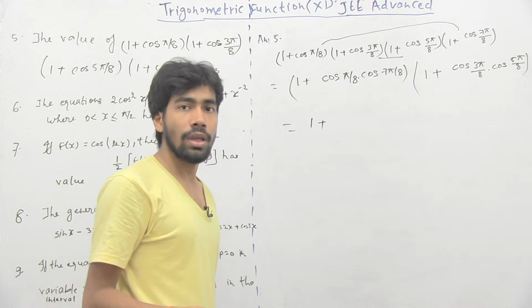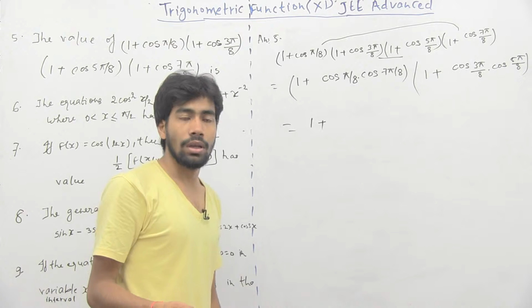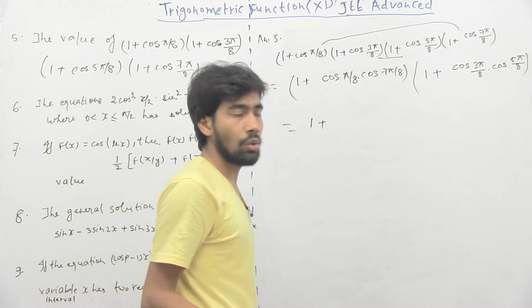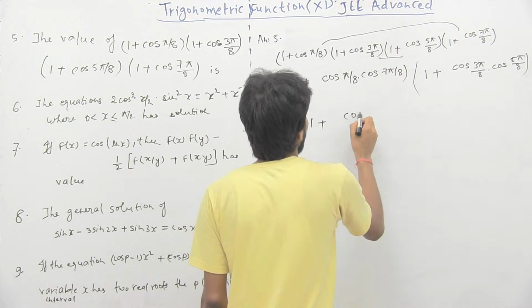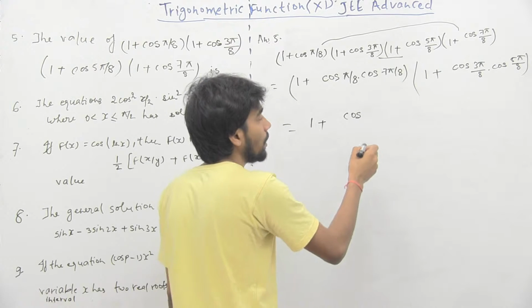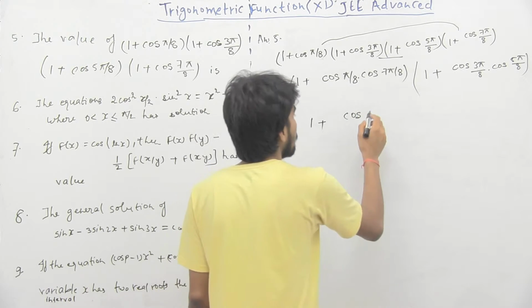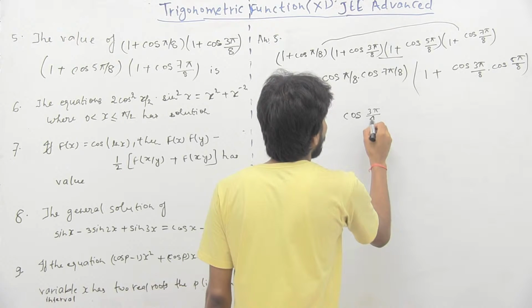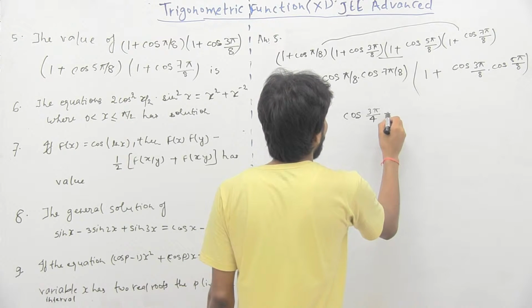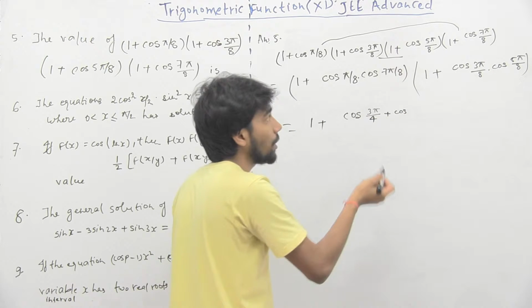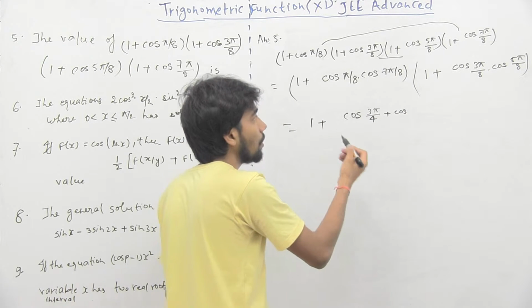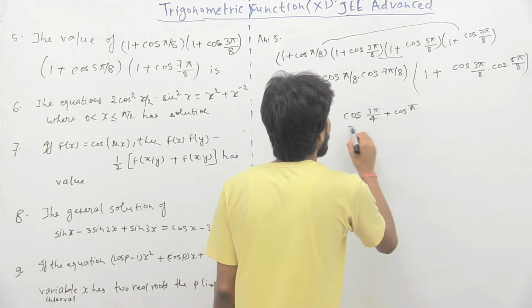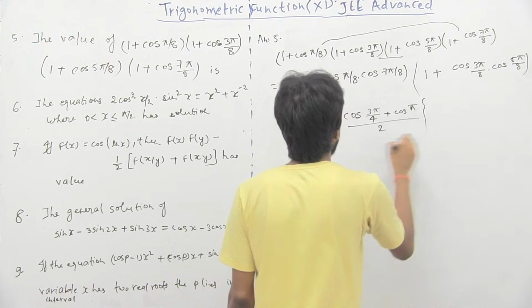It is cos (A minus B) plus cos (A plus B), divided by 2. So cos (A minus B) means 6 pi by 8, or 3 pi by 4, plus cos (A plus B), which means pi.